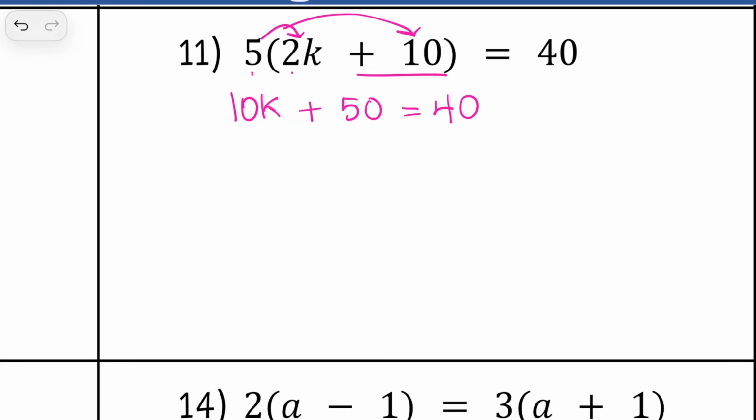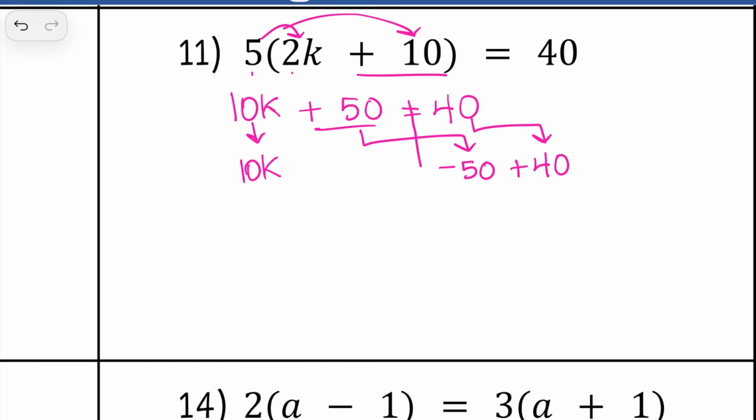Now, if you know how to solve it from here, then by all means. Or if you're unsure, remember we can use that vertical line method. So the 10k is on the correct side, so I bring it down. The positive 50 needs to switch sides, and since it's switching sides, it becomes minus 50, or negative 50. And the 40 is on the correct side, so it stays positive 40.